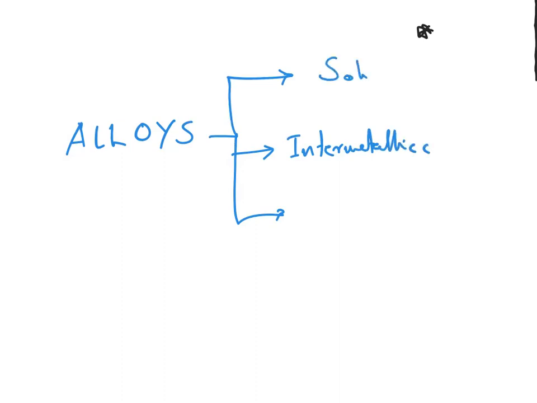And sometimes they will also appear as two-phase forms. So what does this two-phase form mean? Let me explain all this in the next video when we talk about phase diagrams and the basics of phase diagrams.